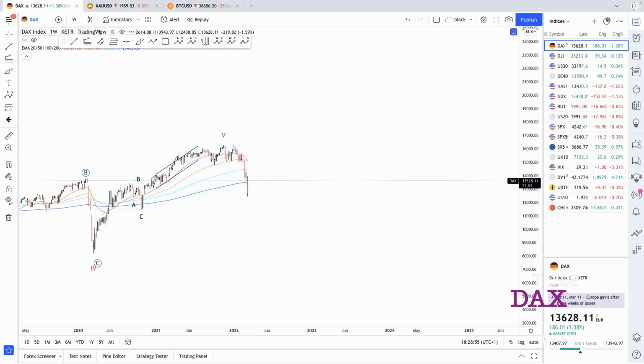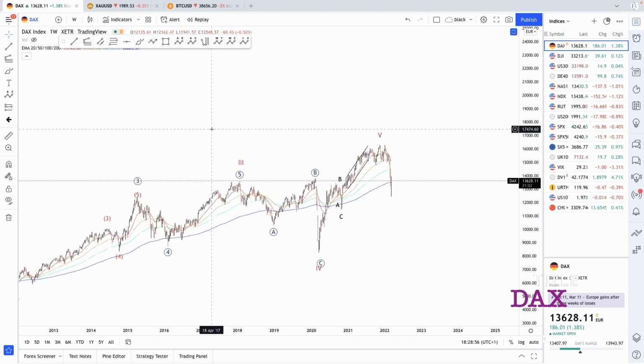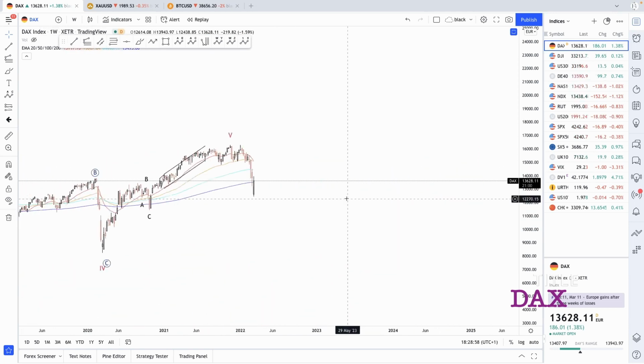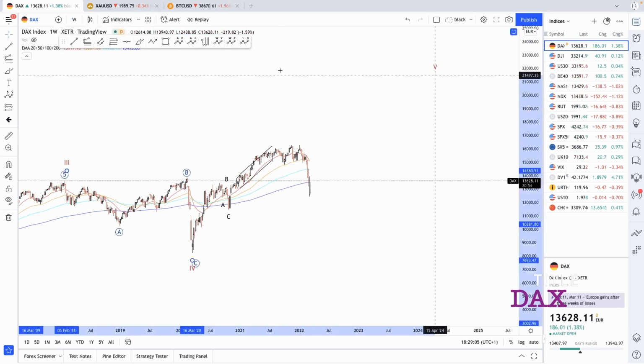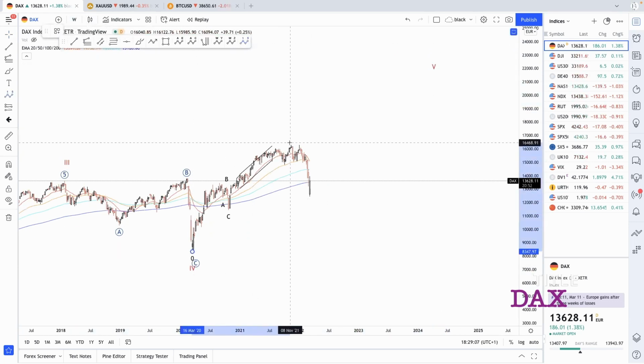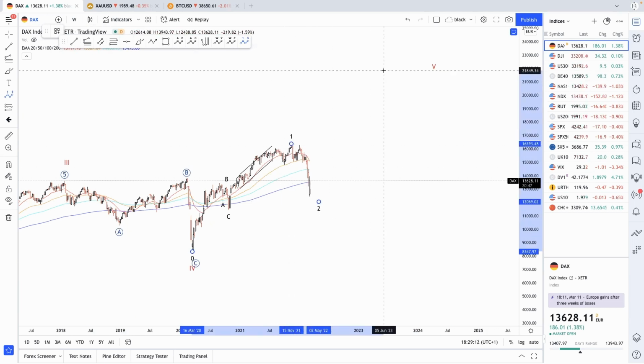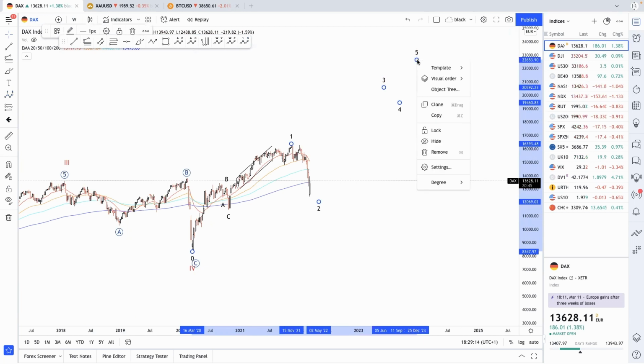That's a possibility if we are in a very large correction, or there's a possibility where this is not the end of wave 5, but this is wave 1 of 5. So something like this, 1, 2, 3, 4, 5.